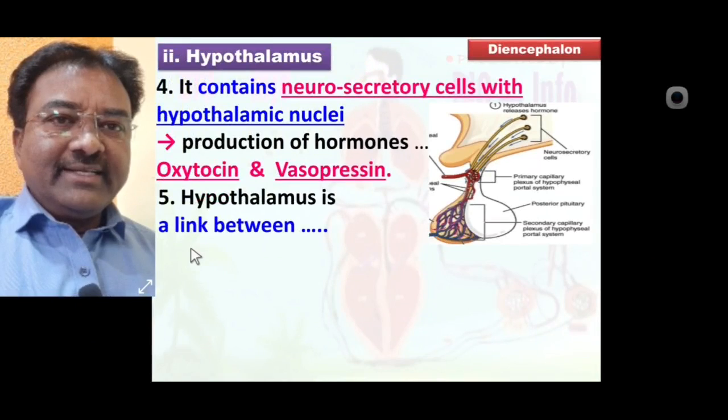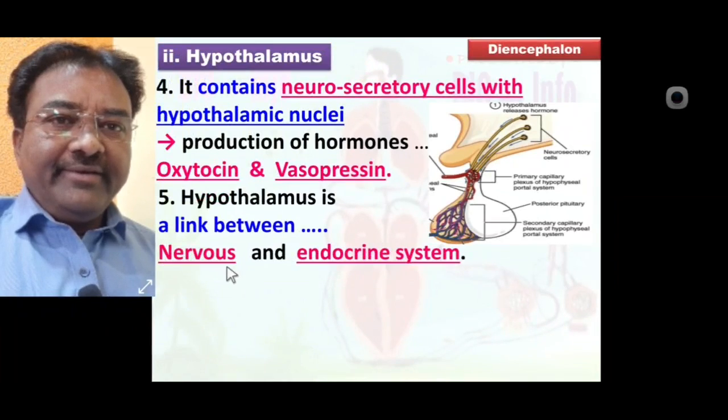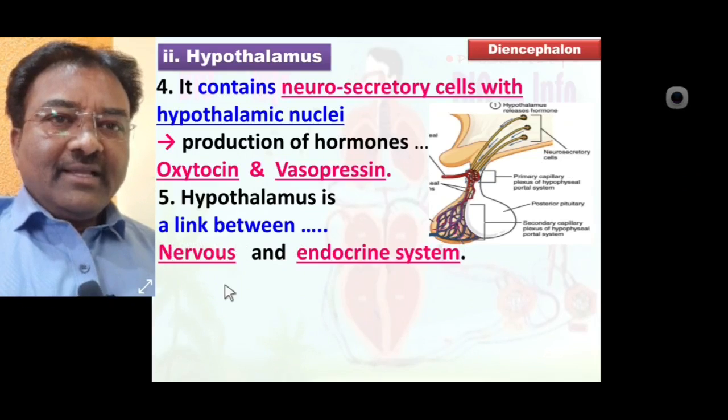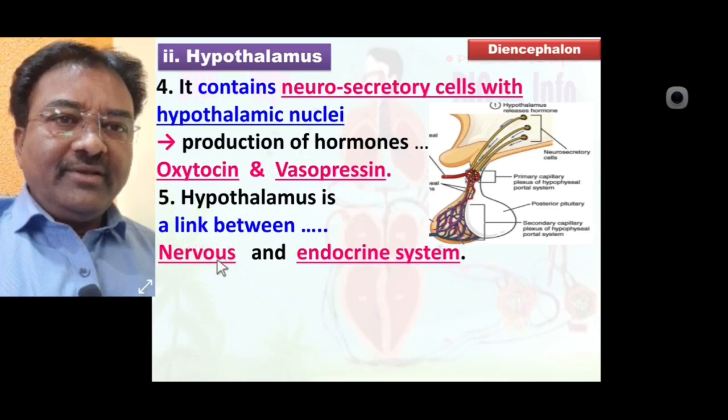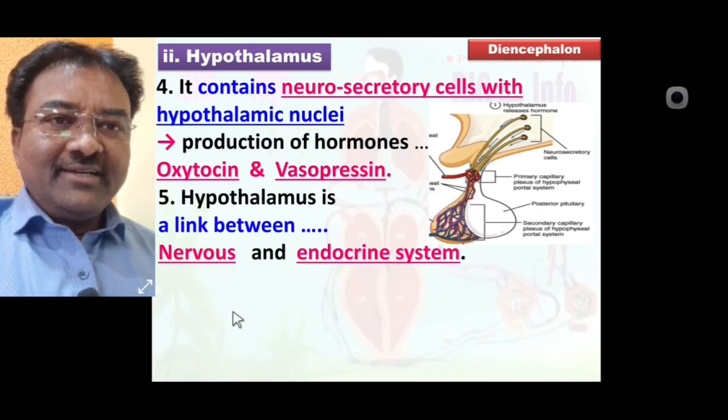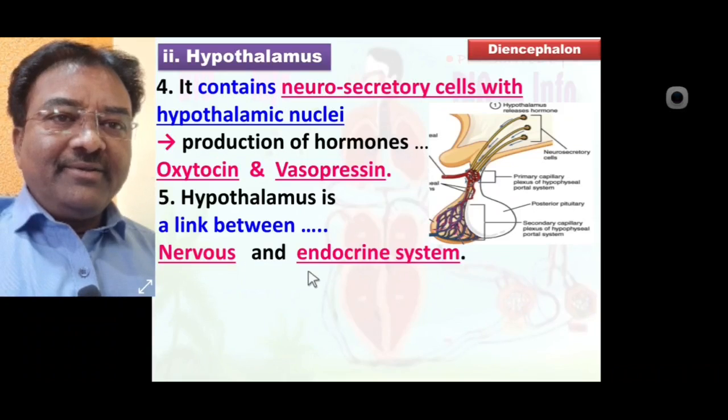Hypothalamus is a link between nervous and endocrine system because hypothalamus controls the master endocrine gland known as pituitary gland, and pituitary gland controls other endocrine glands. So hypothalamus is the link between nervous and endocrine system.